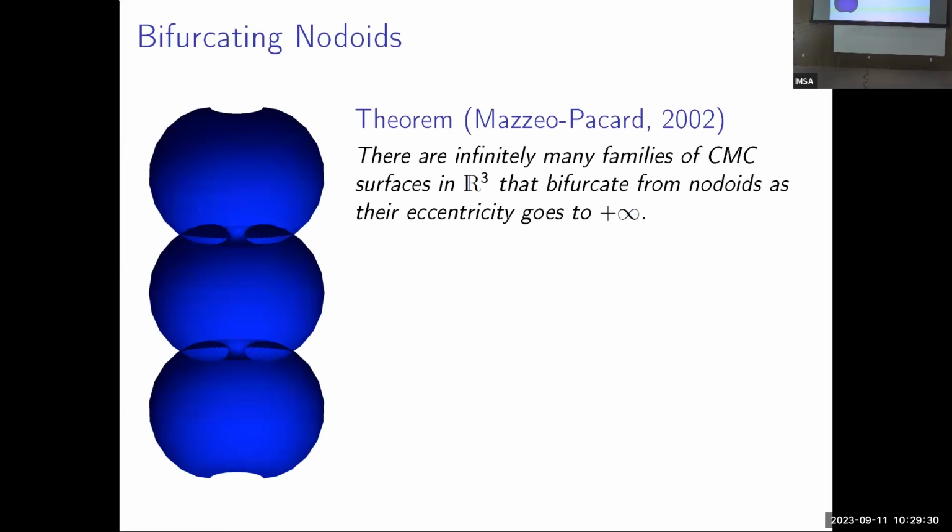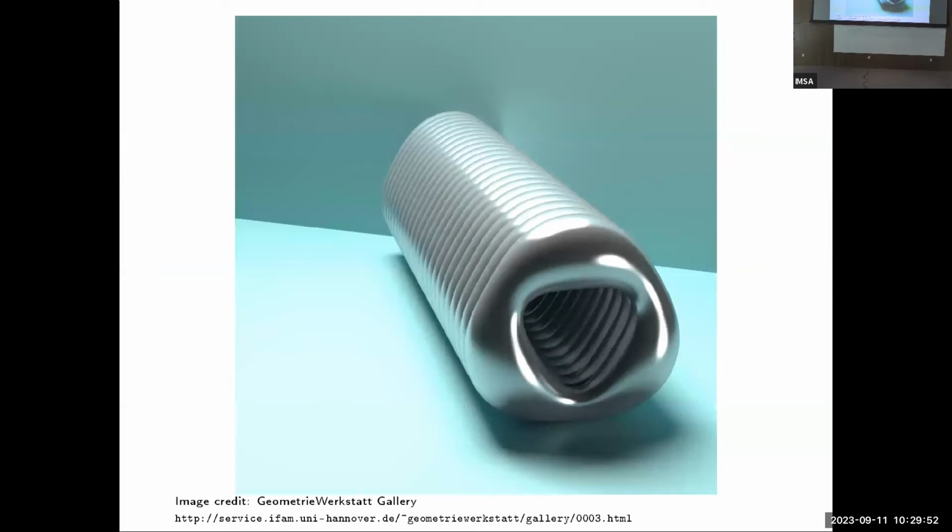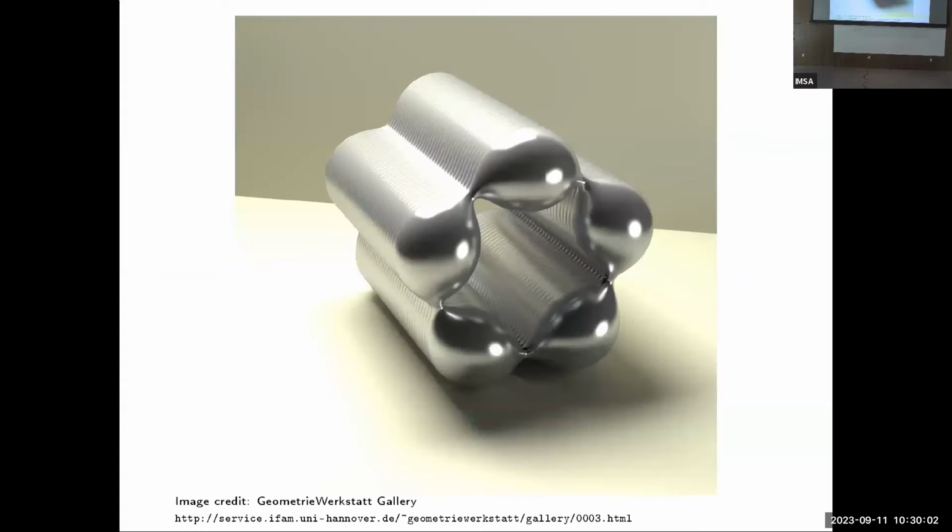A cylinder is a trivial CMC surface, but then you create eccentricity in the conic and you get other solutions. So you have to think of these Delaunay surfaces as bifurcating branches from cylinders. These are physical examples of these bifurcating nodoids. These are in the German Museum of Mathematics.